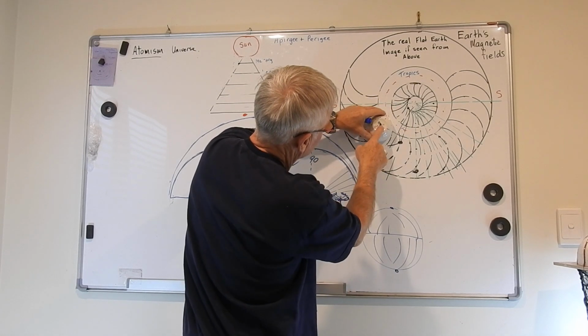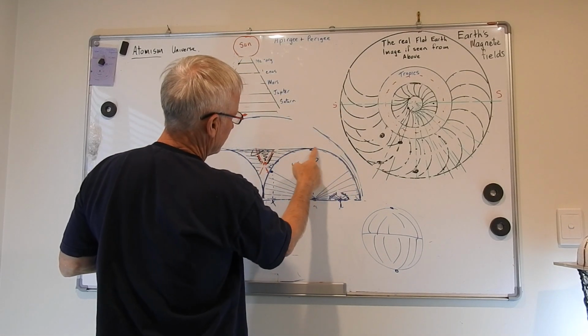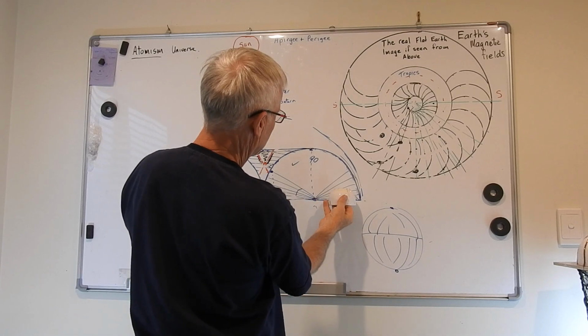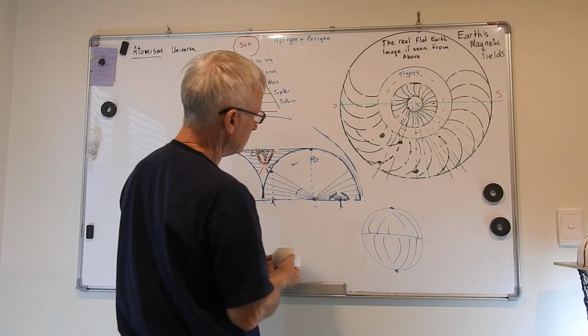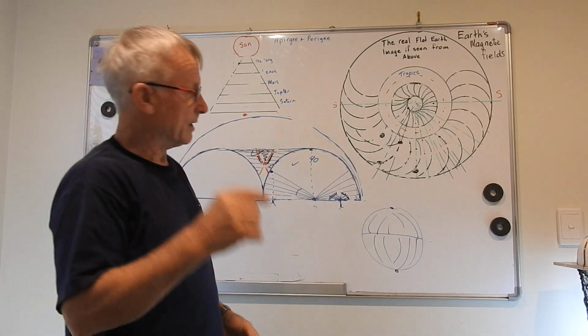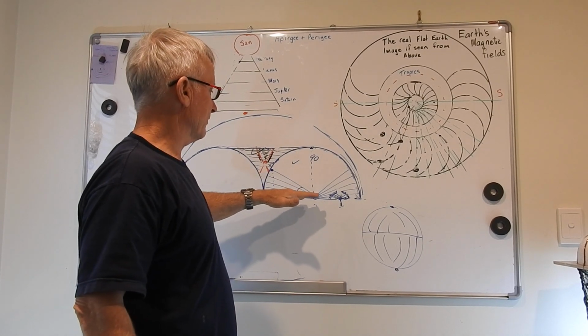Because if you can imagine, there's the centre, there's meridian, the centre of the dome. It's a little bit of thought, but once you click, it's all there. That's the whole flat earth design broken down, everybody.